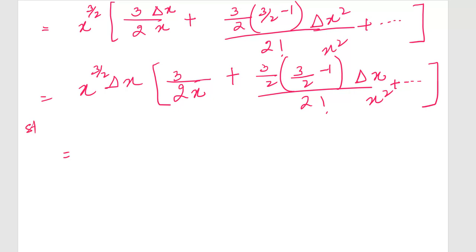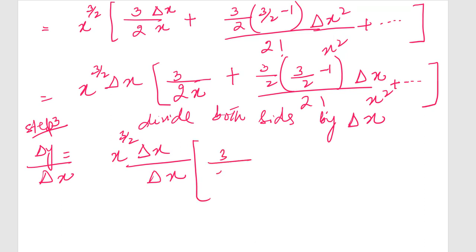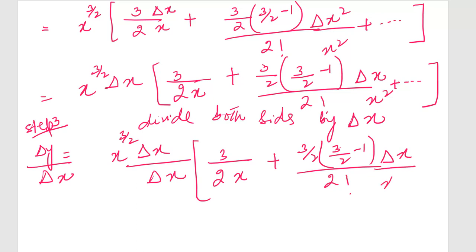Now our step number 3 is, here we have Δy, Δx. Divide both sides by Δx. So it will be 3 over 2 Δx over Δx, 3 over 2x plus 3 over 2 into 3 over 2 minus 1 divided by 2 factorial Δx over x square plus so on.